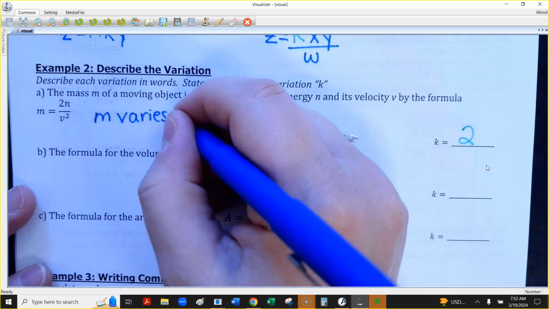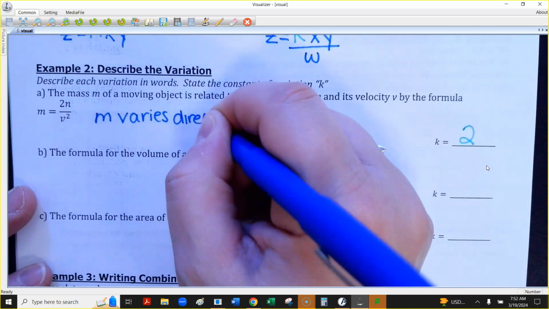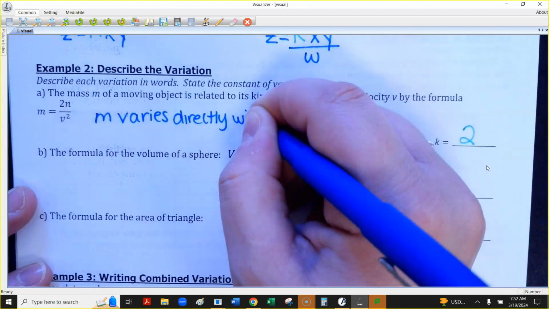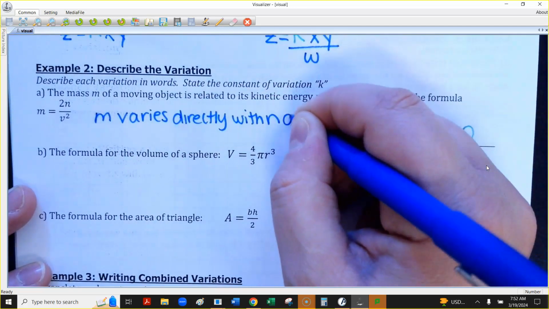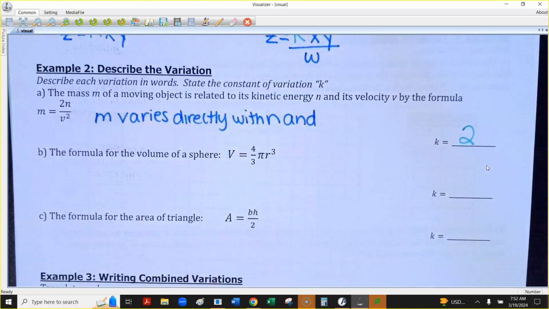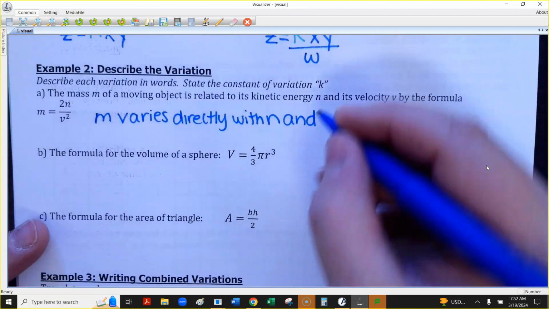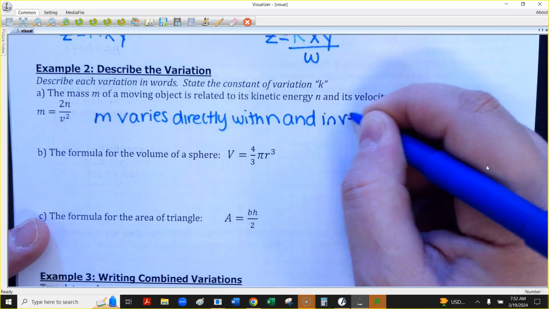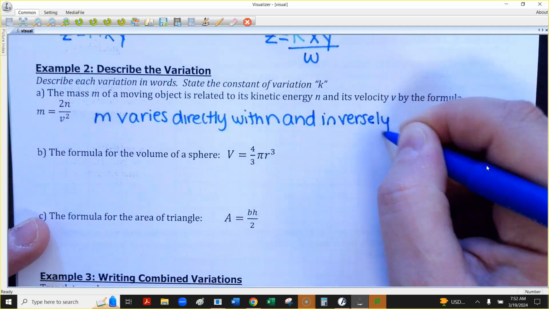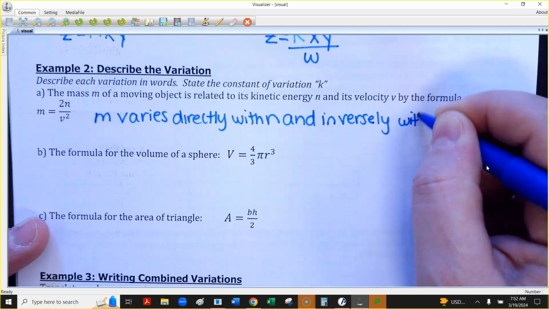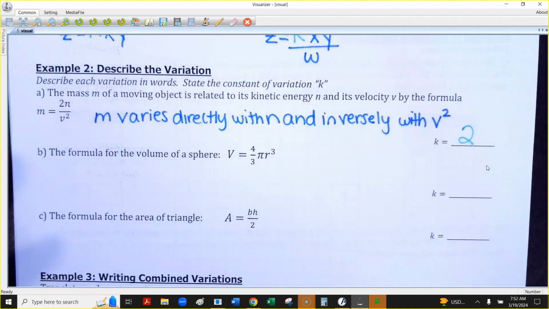So I'm going to say directly with n, and because I have a fraction, I have a variable in the bottom of the fraction, we have an inverse relationship there. So directly with n, and then we'll say inversely with, and then I'm just going to say v squared. You don't have to write out like velocity squared or the square of the velocity. You can just write v squared. That's totally fine.